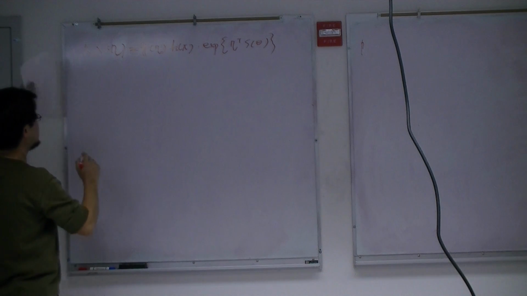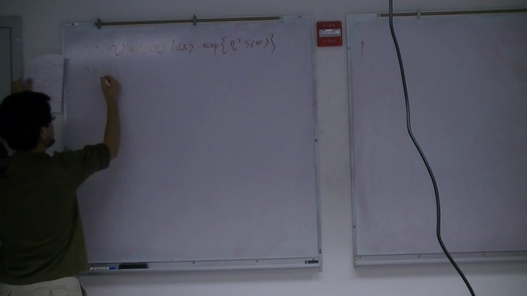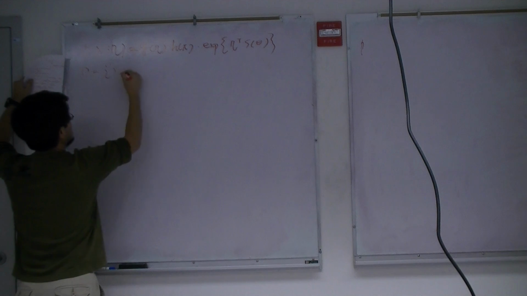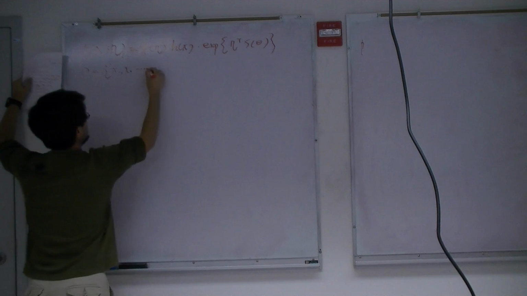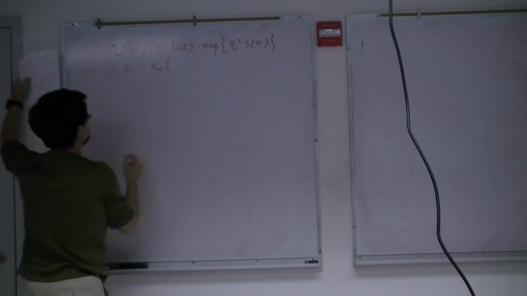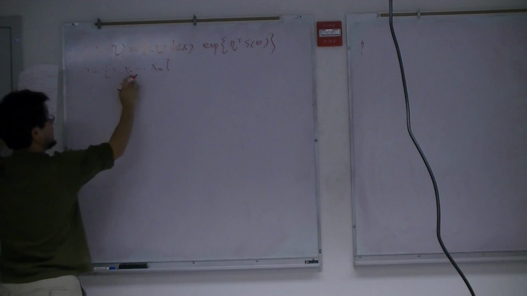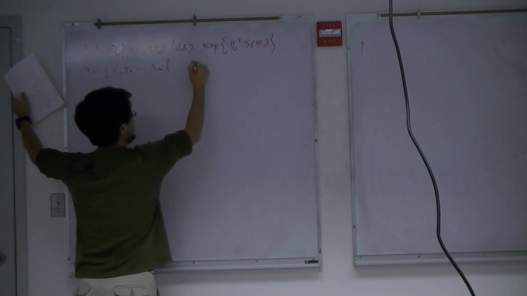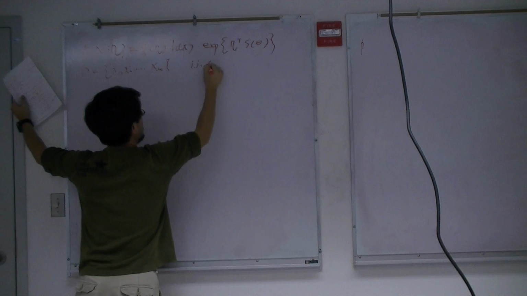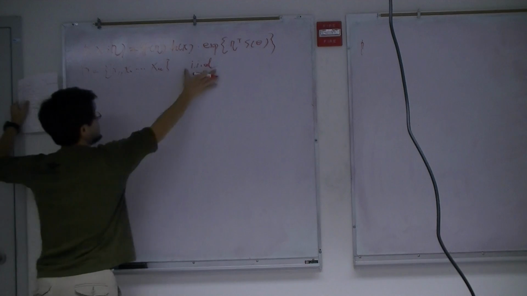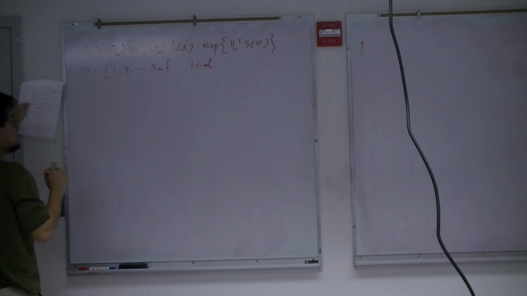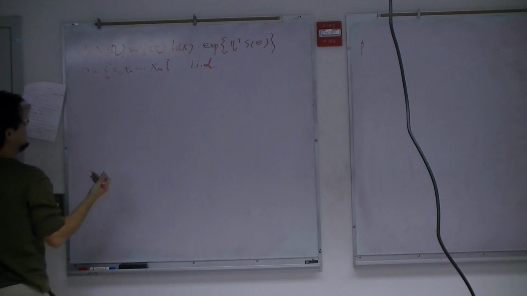Again, our setting is we have a data set D, which contains a few points, and these data are IID, which is a very important constraint.